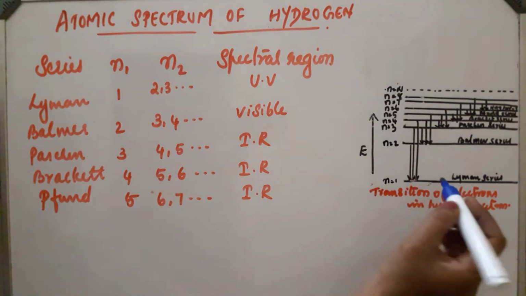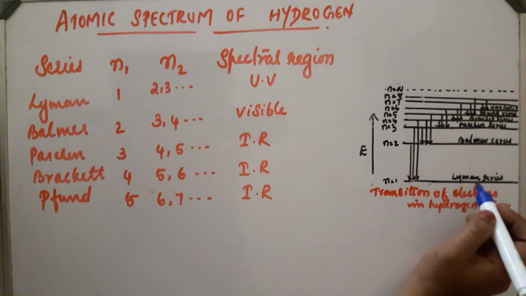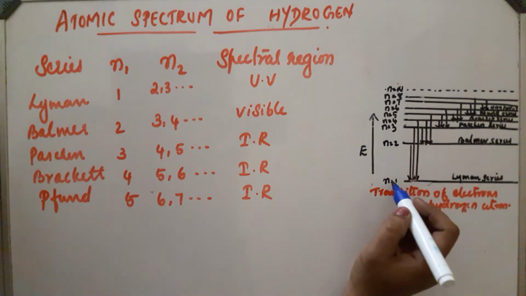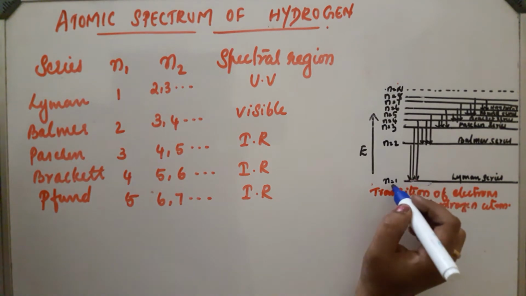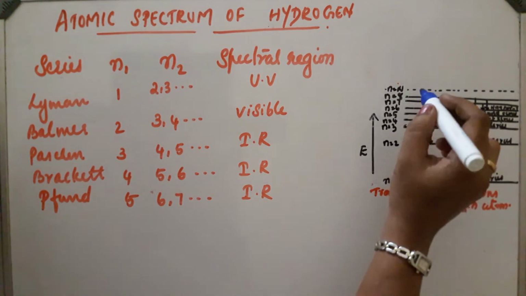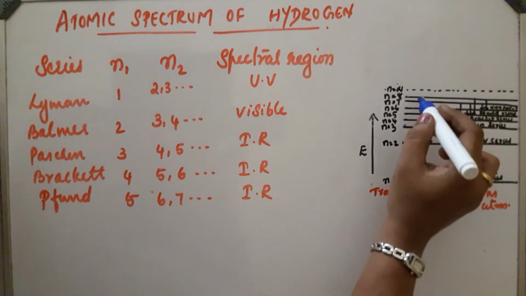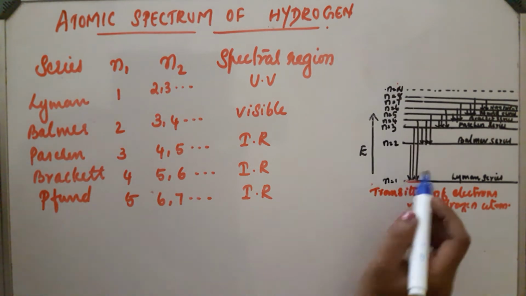This is a diagram showing the transition of electrons. In the case of the Lyman series, n1 is equal to 1, the ground state. From different excited states, the electron transition takes place to this n equal to 1 ground state.